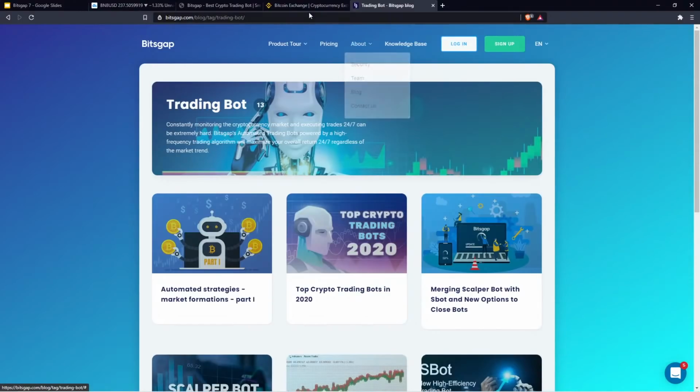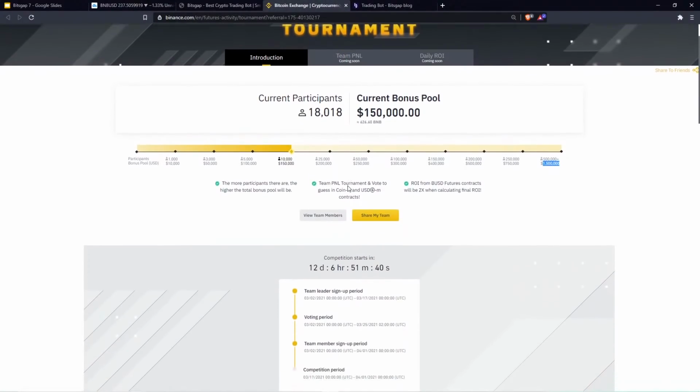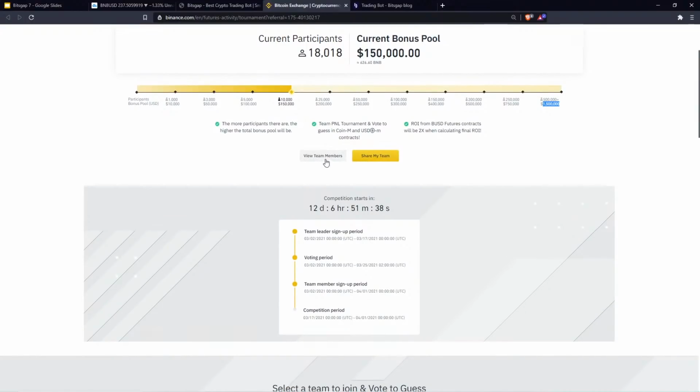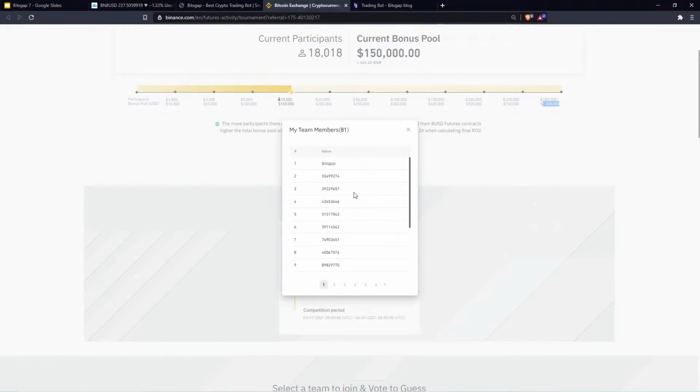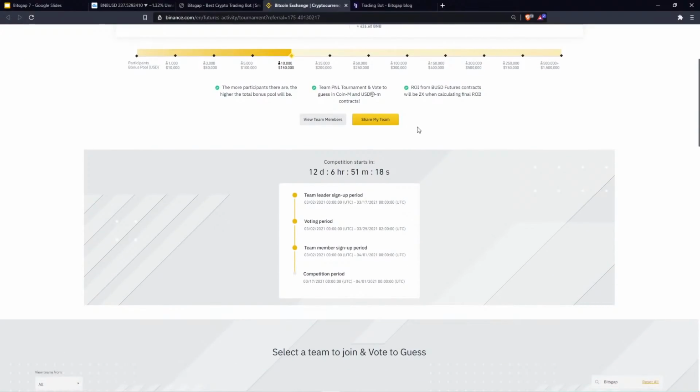And just to remind you, join the spring tournament. You see there are already 81 of us in the Bitsgap team. So the more enter the competition, the higher chances for us all together, all efforts combined, to get ranked in the top 10.